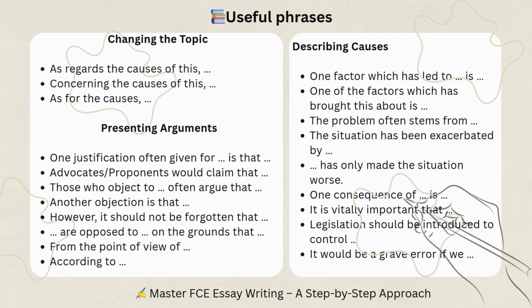And when you're describing causes, use expressions such as "one factor which has led to" or "the problem often stems from." These add depth and precision to your analysis. Remember, using these phrases helps your writing sound more formal, structured, and academic, exactly what examiners are looking for at B2 level.